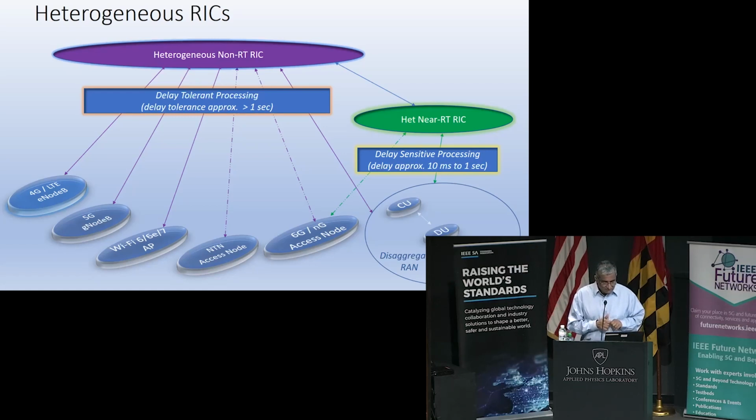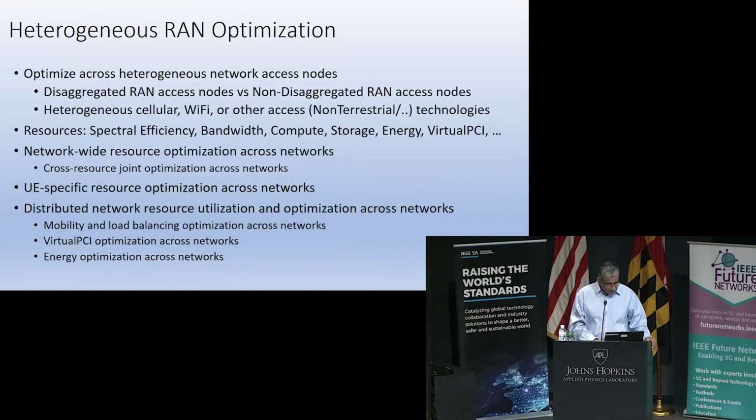So these are things that I'm thinking about, as we collect information through the SMO coming into the non-RT RIC, and we could combine information across technologies from the devices that are reporting information from that particular area. That could help in more intelligent decision-making in the systems. In general, we can think about heterogeneous RAN optimization, optimizing across heterogeneous network access nodes.